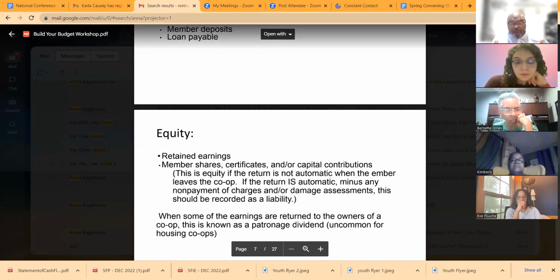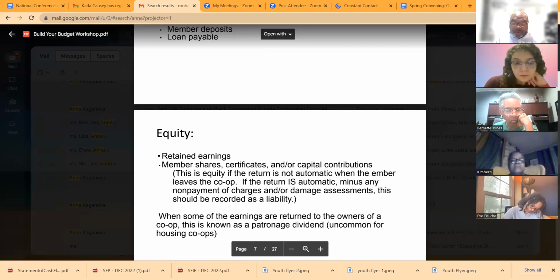Otherwise, when you're holding on as a shareholder and contributing capital, then it's looked at as being equity. All right, retained earnings are equity, and that's what members' shares are. Retained earnings.